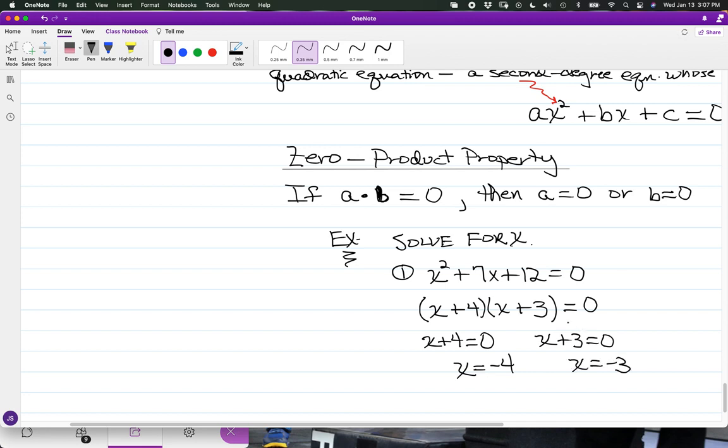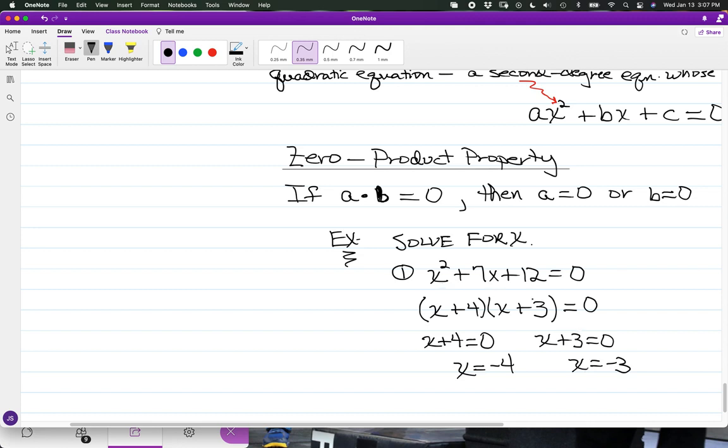And you can always go back and check your solutions. We have negative 4. Now, if we have x at negative 4 squared, that is going to be a positive 16. 7 times negative 4 is a negative 28. So you have 16 plus negative 28 will be negative 12. Negative 12 plus 12 is 0. Now for negative 3, squared is 9.